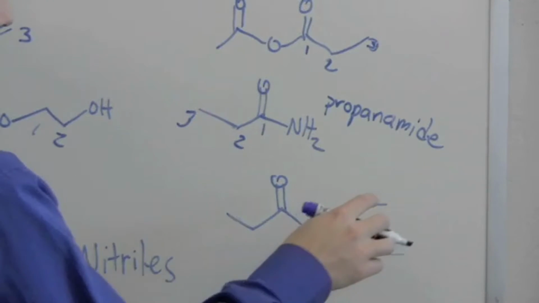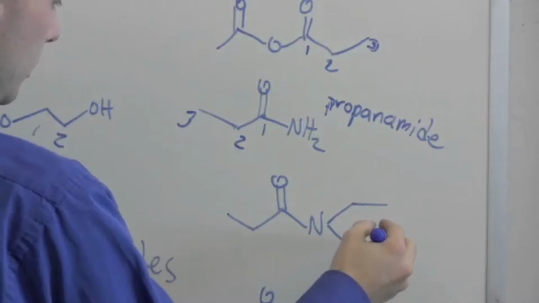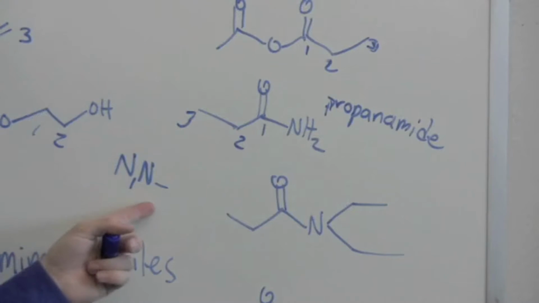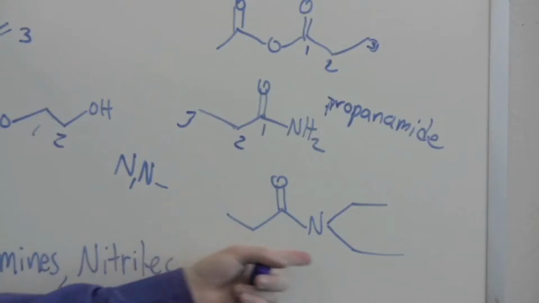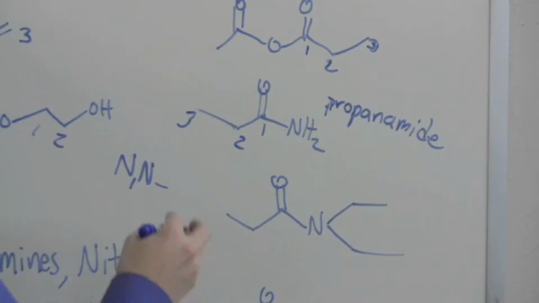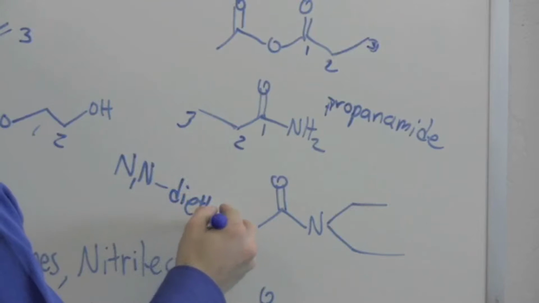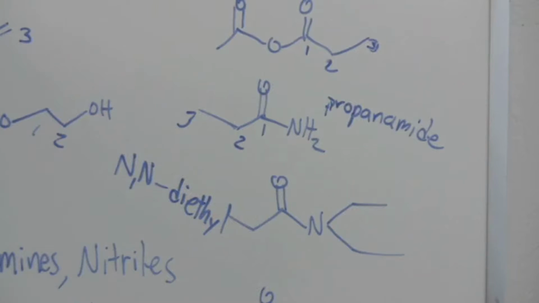So this compound down here would be N,N-diethylpropanamide. These N's represent the fact that there are groups coming off of the N position, and there are 2.